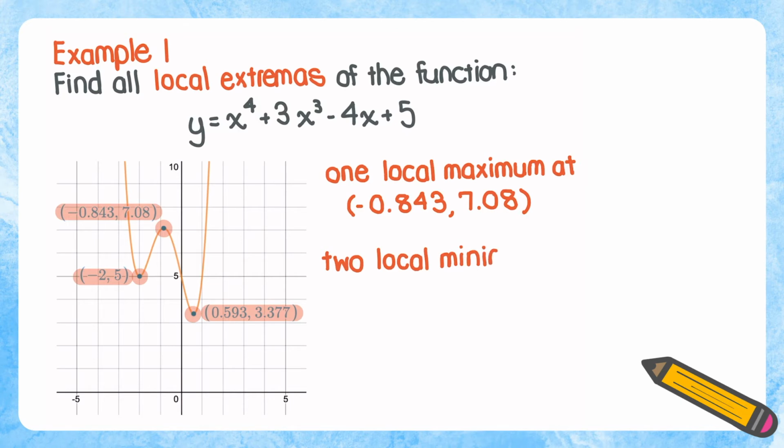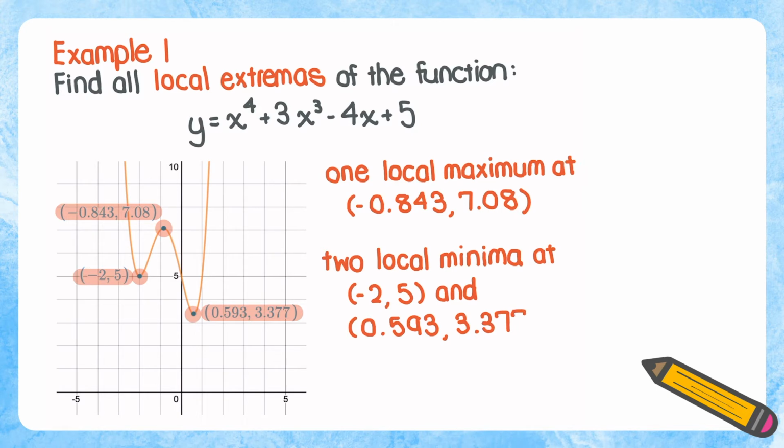That's the plural for minimum. So I have two local minima at negative 2, 5, and also 0.593, 3.377. So for this example, I have 3 local extremas in total.